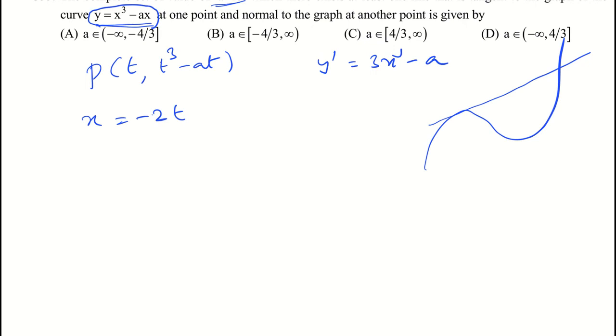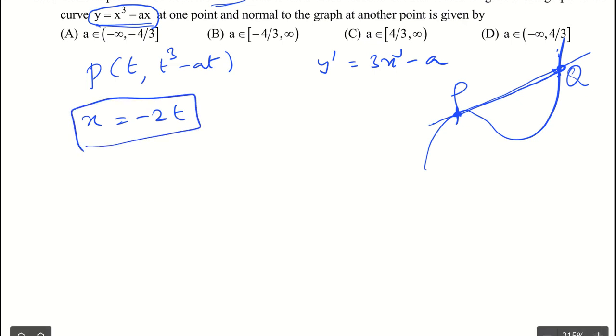Okay, we want this line to be normal to the curve at this point. Therefore the slope, if I call this point we already called P, if I call this as Q, the normal at Q should be same as the tangent at P. Now this is the x coordinate of Q. So what is Q now?